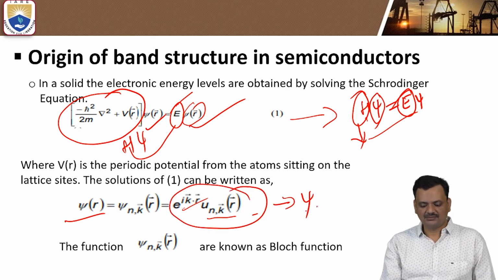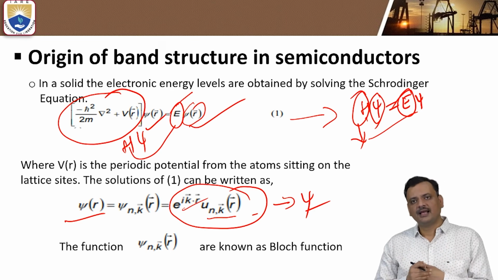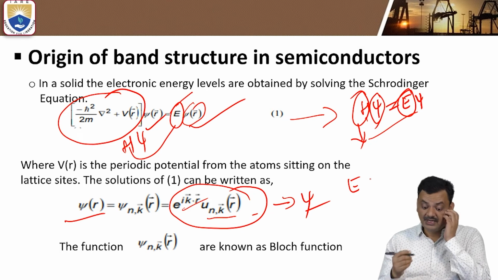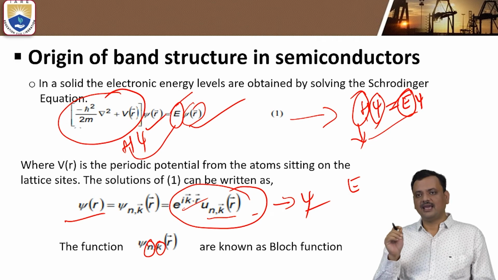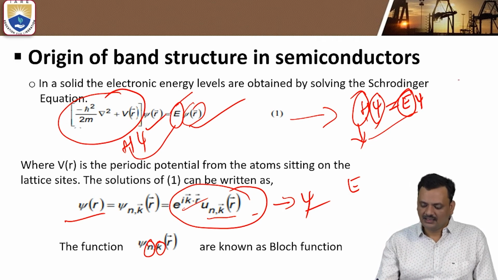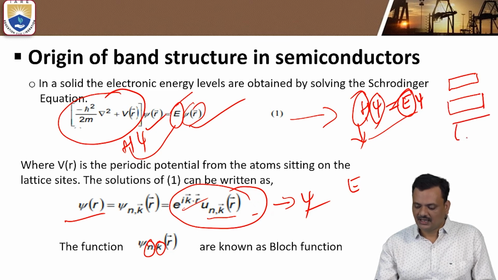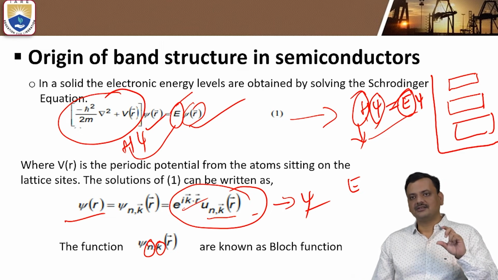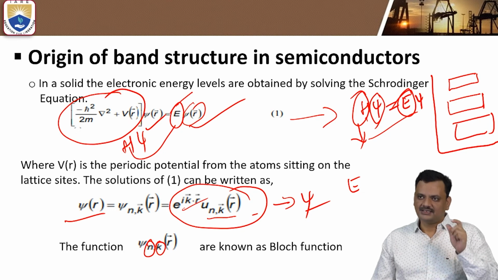You can put this wave function psi in equation 1 and solve it. Then you will find the energy value, which depends on n and k, and this n must be an integer. Then this energy value will be discrete in nature, and that is the origin of energy bands.